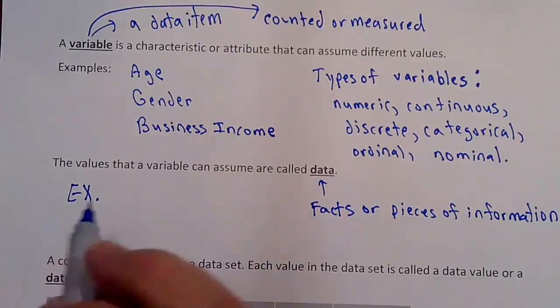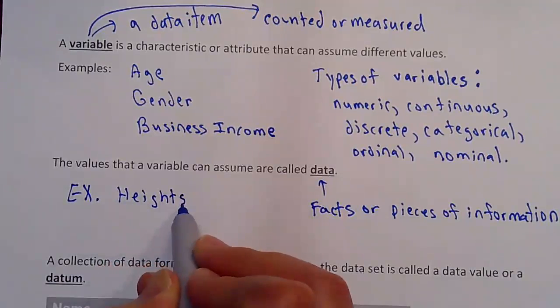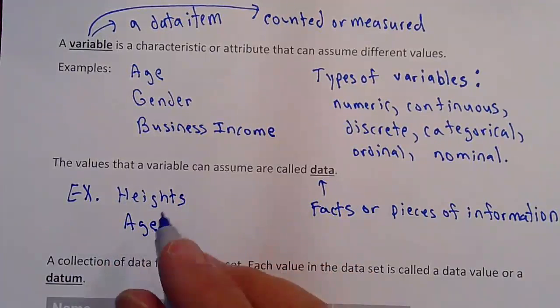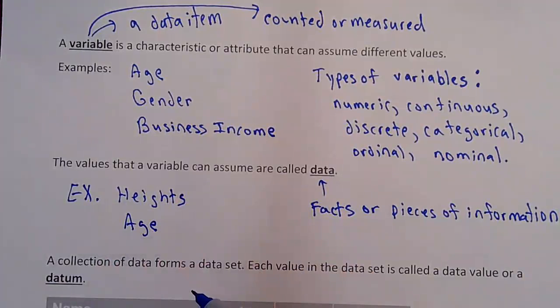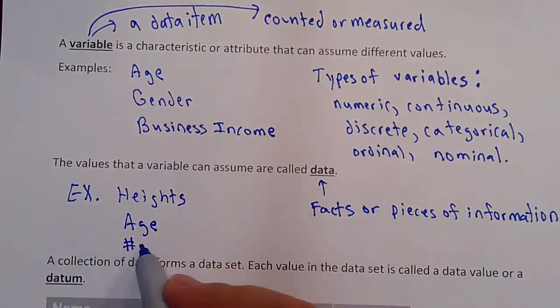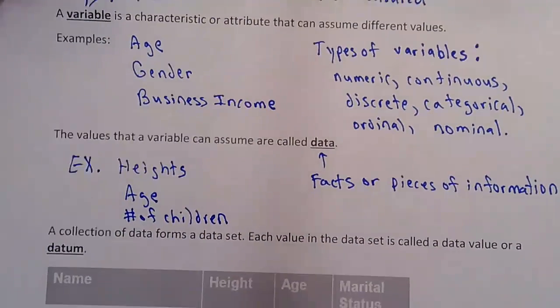Data could be collecting heights of people, collecting ages of people. So height, age, number of children. There are many things we can jot down for data, but those are some examples.